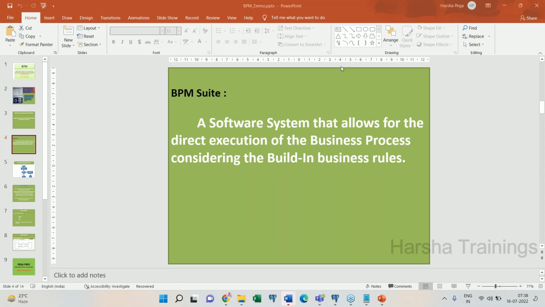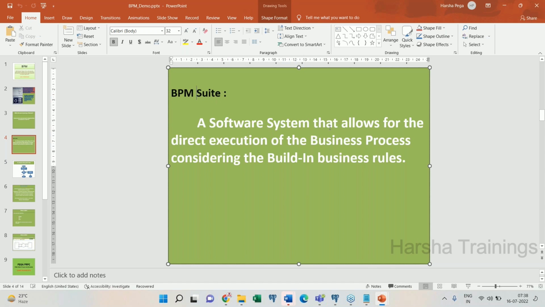It is not only an environment or a product which is used for application development. Look here. BPM is a software system that allows for the direct execution of the business process. The BPM suite also allows business process execution by considering some built-in business rules. You use the BPM suite to develop business applications, but not only that.